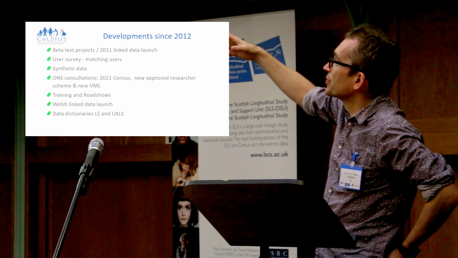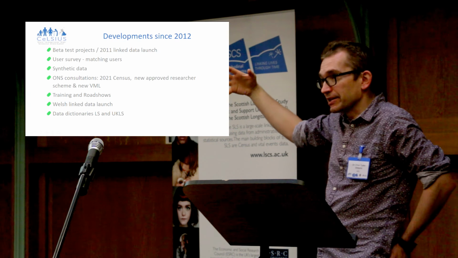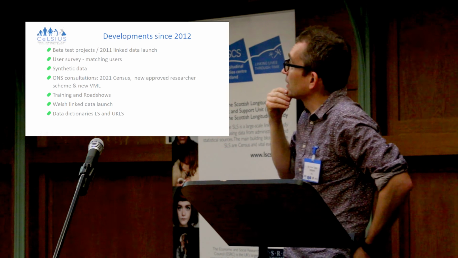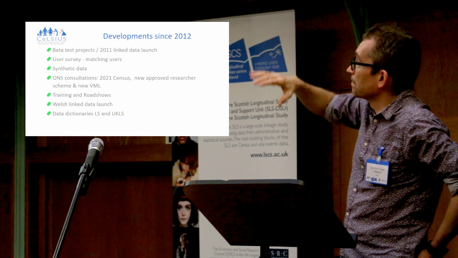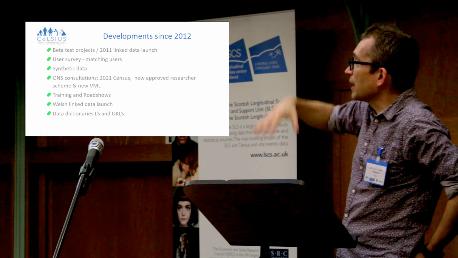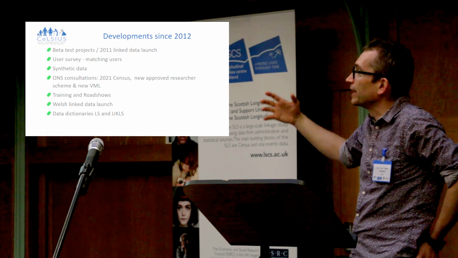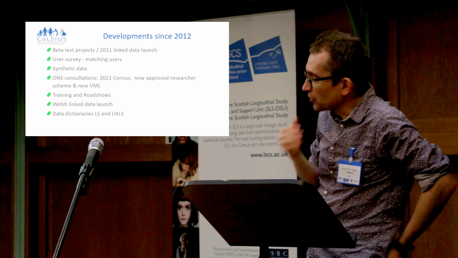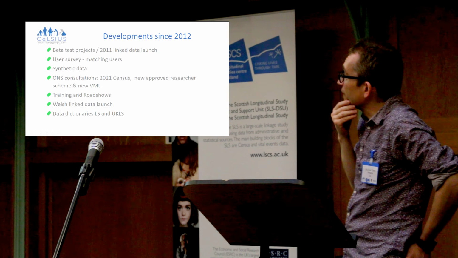We were looking at what our users wanted. We were thinking about synthetic data, and I think Fiona's going to talk about that in a little while. Since then, we've been looking forward to the 2021 sample, and we've also been doing all sorts of training and user engagement. I wanted to give a brief summary of some of that.